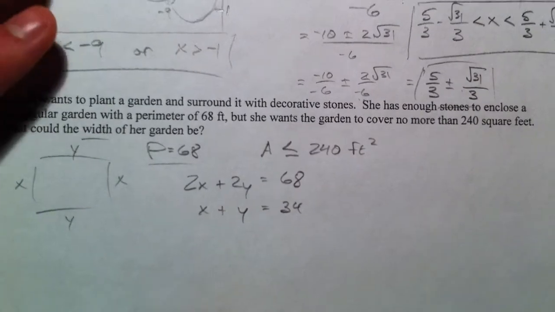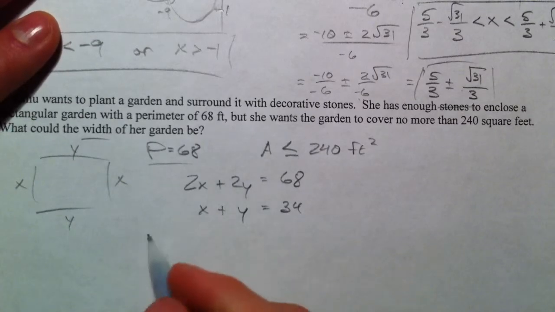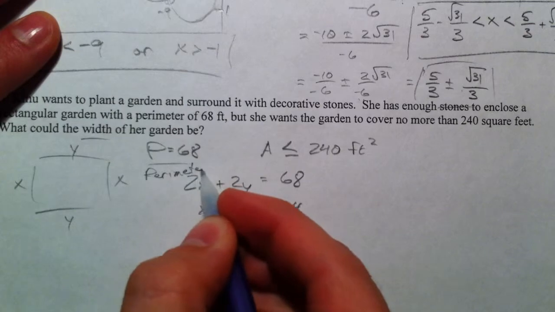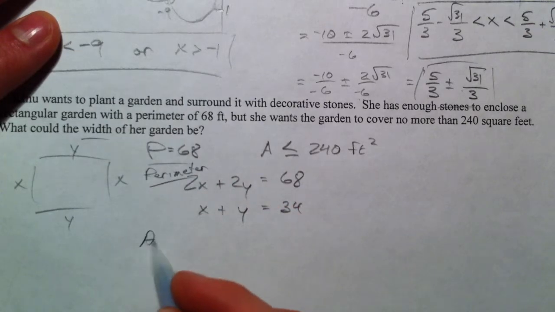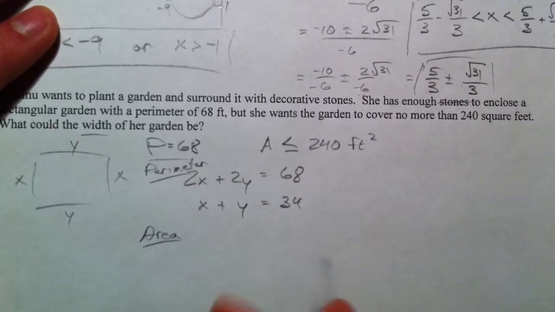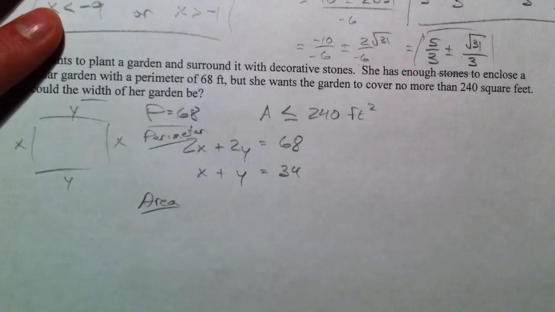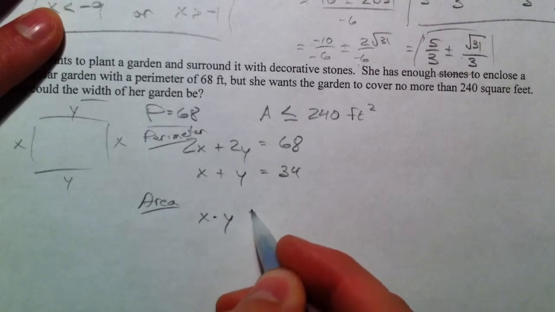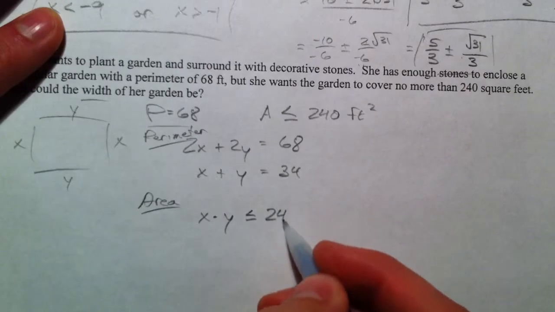That's how x and y are related. But x and y are also related by the area, and what we want to find is what the area could be. So x times y has to be less than or equal to 240.